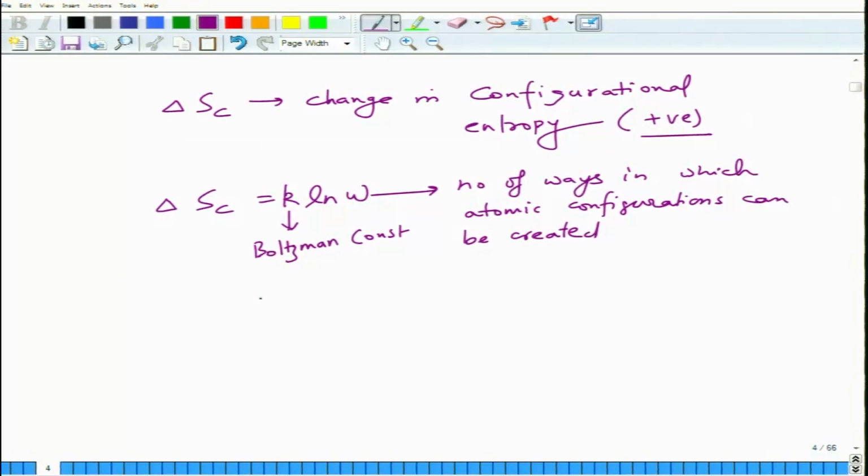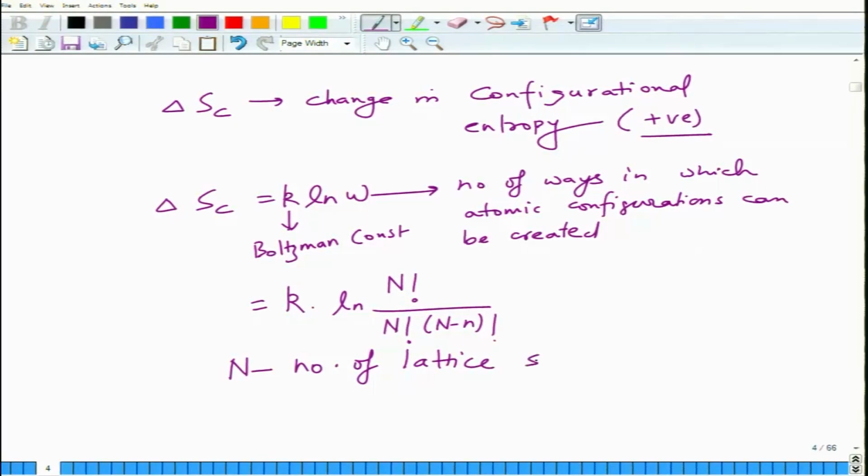This happens to be small k ln of factorial capital N divided by factorial small n times factorial capital N minus small n, where capital N is the number of lattice sites, not the number of atoms, because the number of atoms has now reduced.